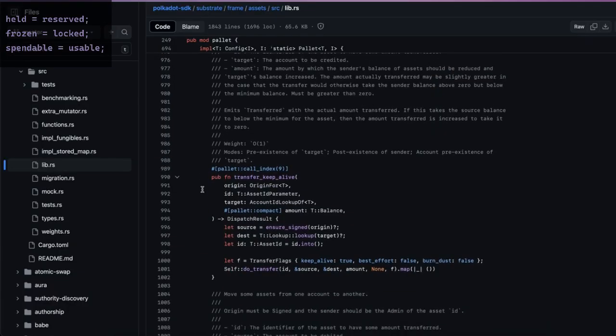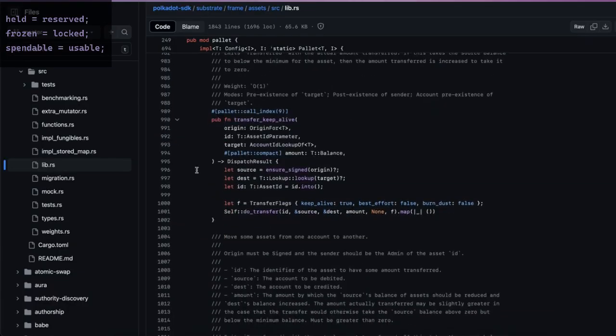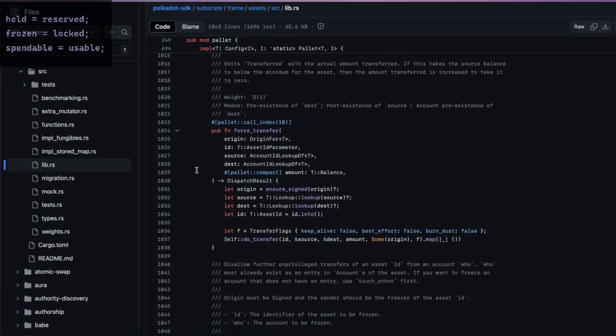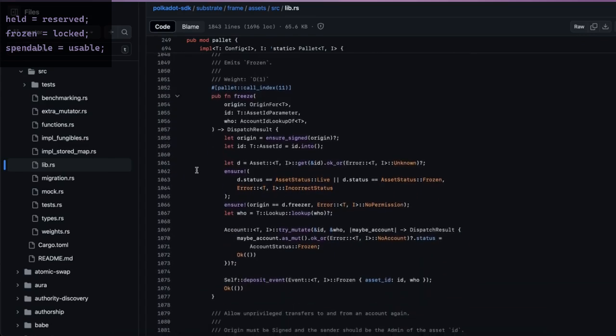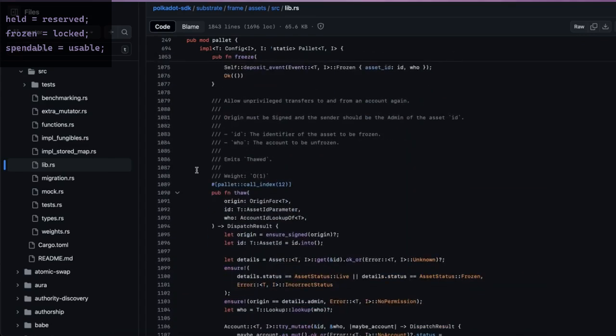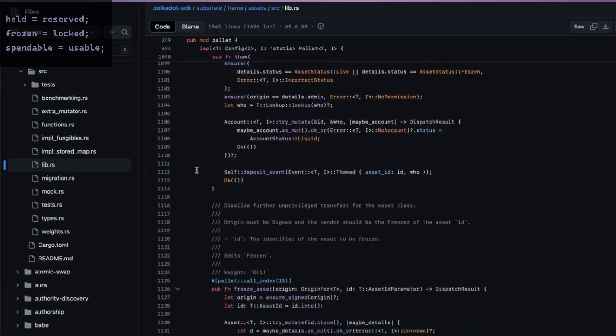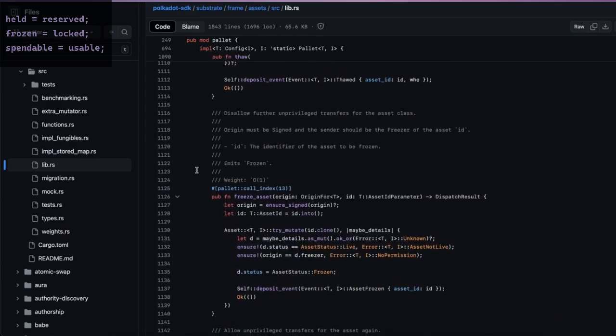Transfer keep alive. So there are some calls that have the same names and the same logic as the ones in the Balances pallet, but they have bigger infrastructure because you need to mention the asset ID and asset status and stuff. So we saw that Assets and Balances pallets have a lot in common.